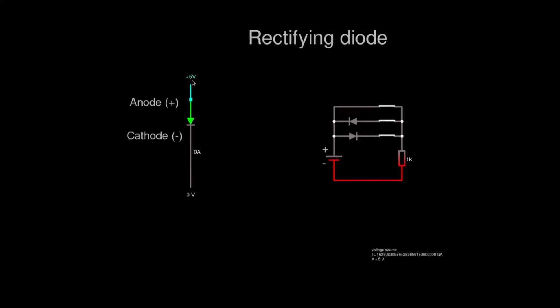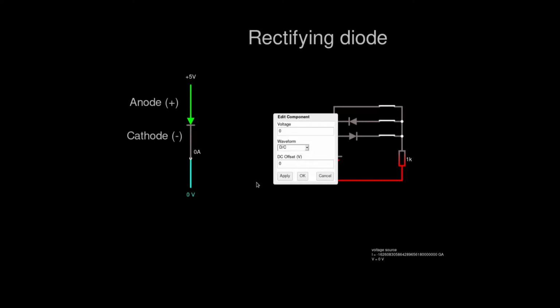Let's use different potentials that we could have. There's no current if we have 0 volt potential difference over here. There's huge current when we have 5 volt potential difference.